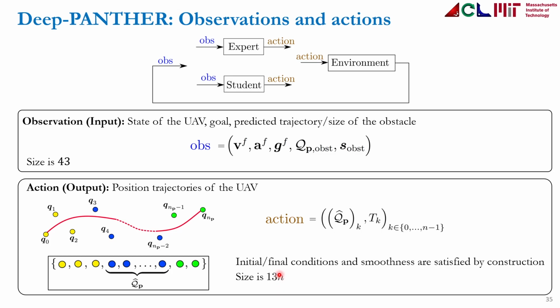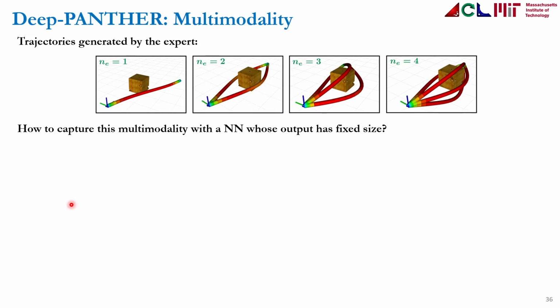The question now is how we can capture the multimodality of the expert. The idea is that, for example, if you are in this situation over here and you want to plan a trajectory from this starting location to this goal location, and you run this optimization with 10 different initial guesses, in other words, you run 10 different optimizations, all of them converge to the same locally optimal solution, which is this one.